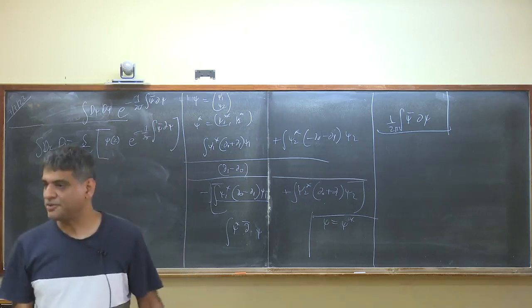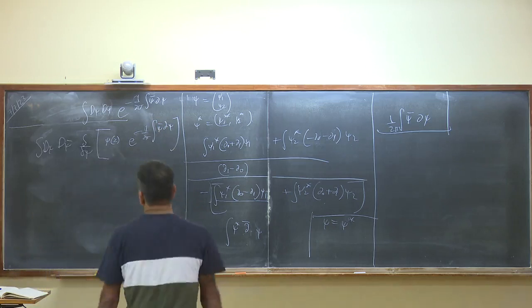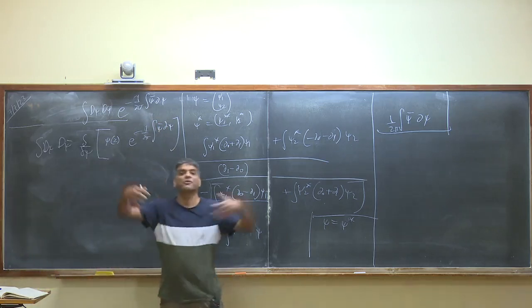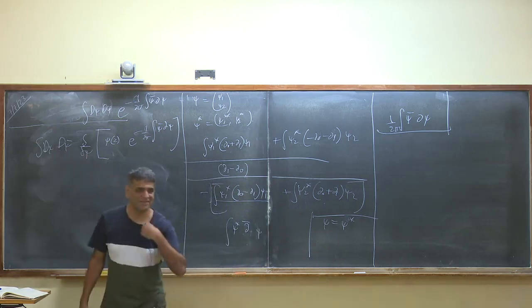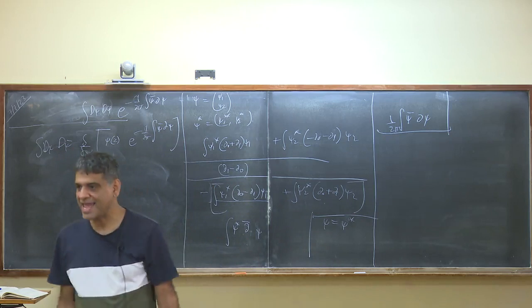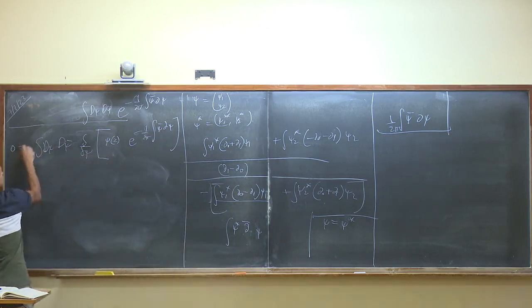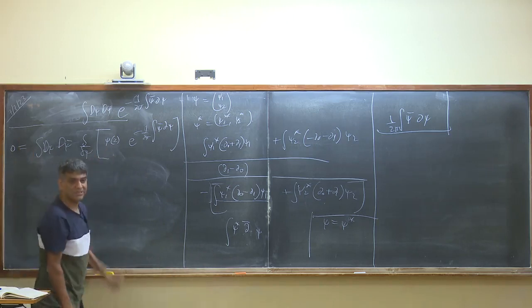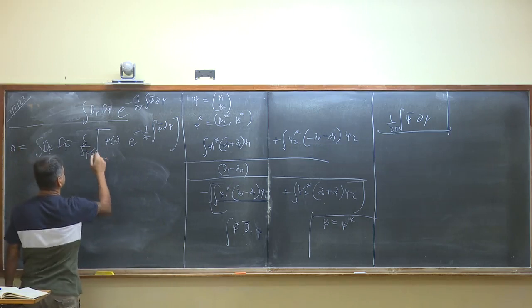This, as always, is 0. In fact, it's 0 for fermionic path integrals without even talking about what happens at infinity. It's just 0 because this guy and this guy just kill each other. So 0 is equal to this. And now we open it out. Let's say that this is at z prime.